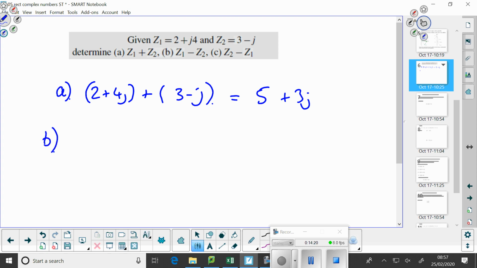B, Z1 minus Z2, so that's 2 plus 4j minus 3 minus j. 2 minus 3 is minus 1, and 4 minus minus 1 is plus 5.